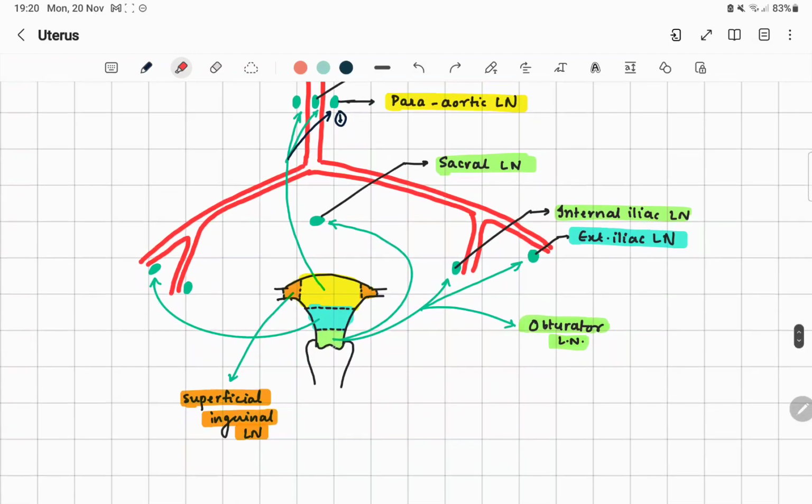And from this lower part, it is draining into your sacral lymph node, your internal iliac lymph node, your external iliac and your obturator lymph node. So you have four: the sacral lymph node, the internal iliac lymph node and the obturator lymph node. If you want, you can write your external iliac lymph nodes also.